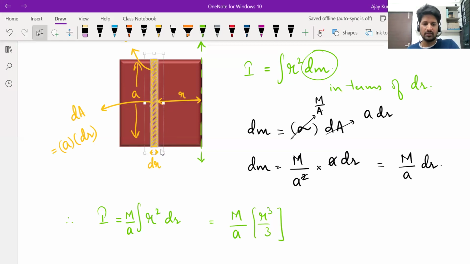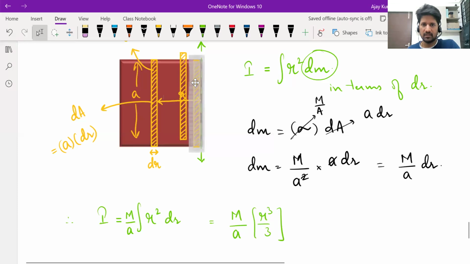You have to cover all the rectangular elements like this, starting from the first one. The first one will be here. Its distance from the axis will be 0. That's the first rectangular element.